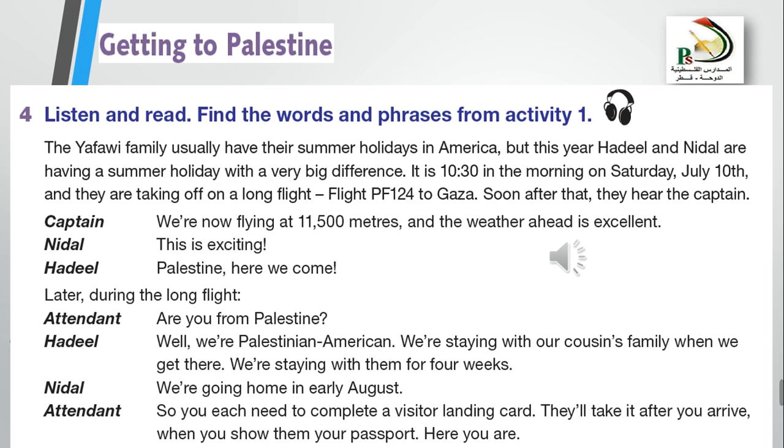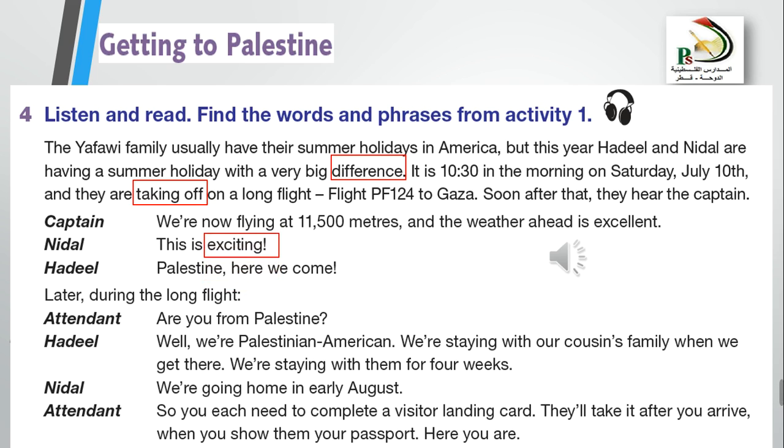Here we have some words we have to focus on. Now when we say difference, what is the opposite of difference, and what is the synonym of difference, the same meaning? Also here we have take off, what is the opposite of take off, and what is the synonym of take off?